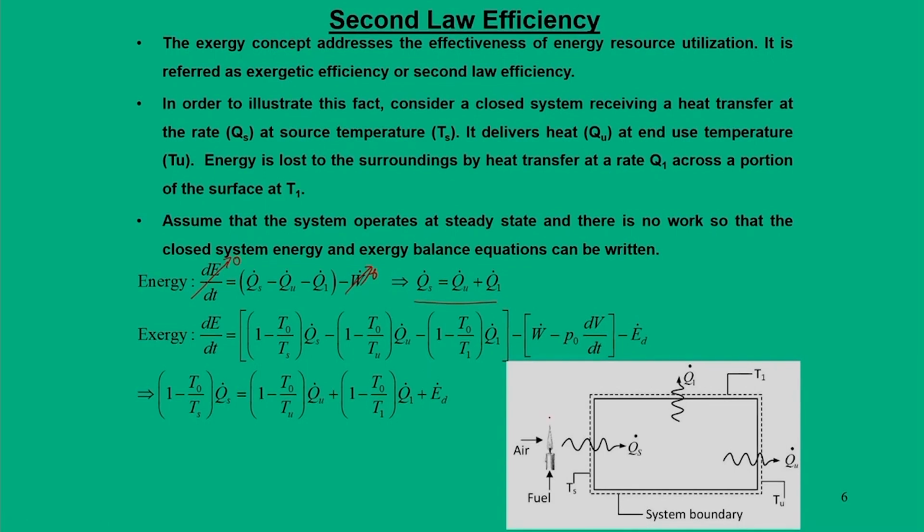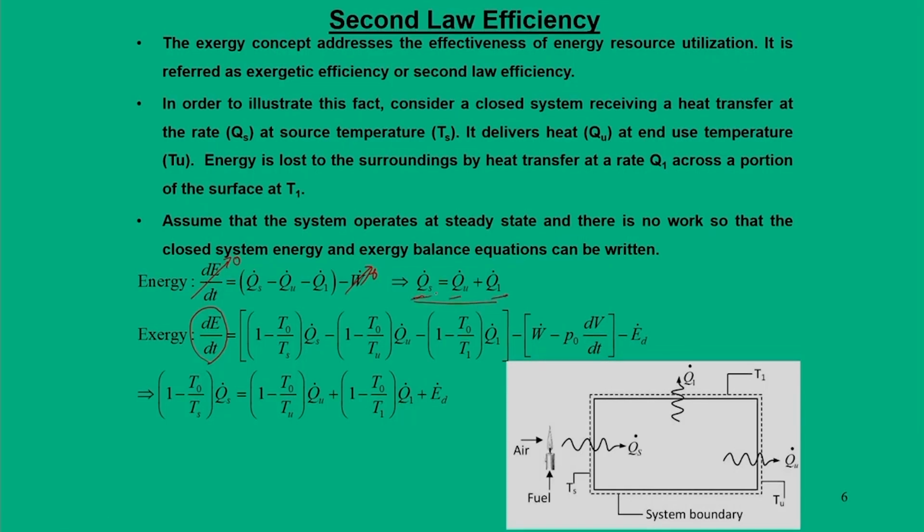In fact, when you deal with the Exergy, the same term dE by dt we will interpret as Exergy, because E is your energy. We view this as dE by dt, but the same E when you interpret as Exergy, here we will have the Exergy term associated with each of this heat transfer.